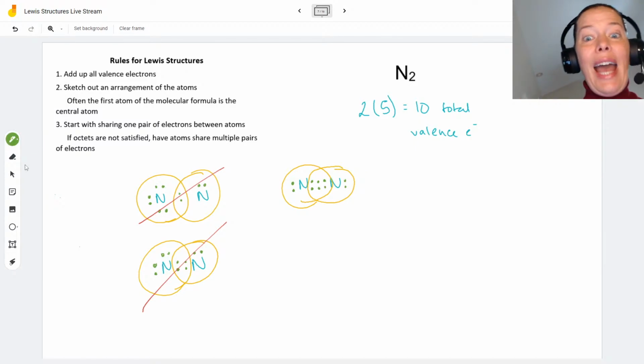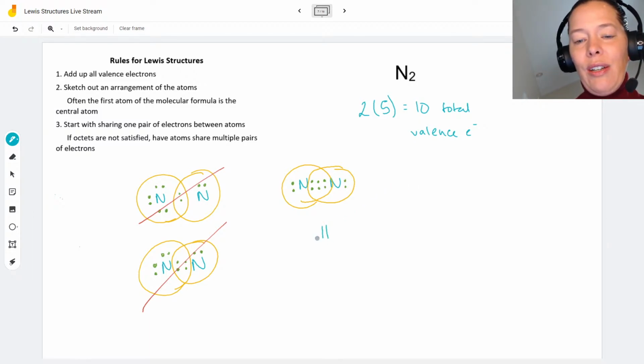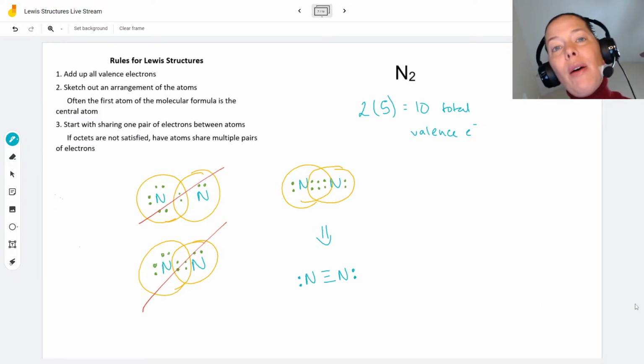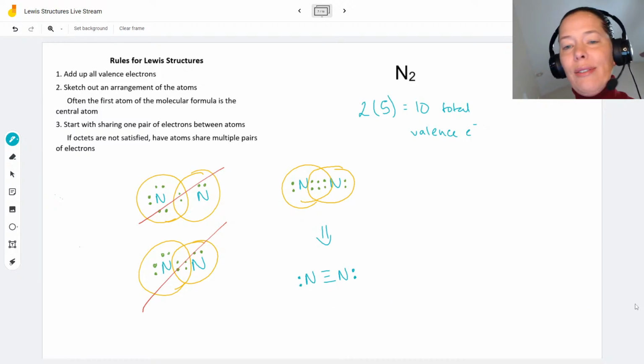So now we finally have our valid Lewis structure, and I'll draw it under here a little bit neater. So we have nitrogen has a triple bond to nitrogen, and each of them has 1 lone pair.